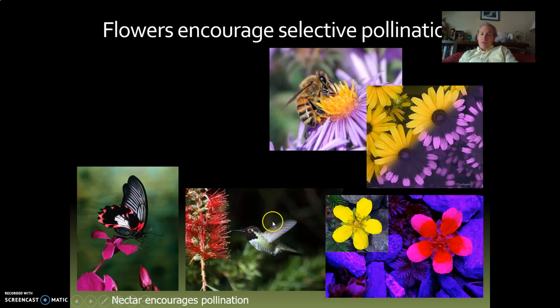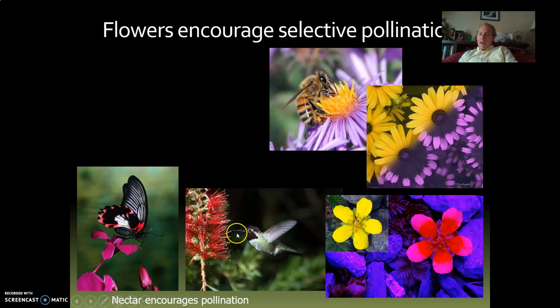These are what the flowers of butterflies often look like, lavender colors, pastel colors with a landing pad, and typically a very long carpel with nectar at the base, and they have a very long nose or proboscis that they can push down to get their nectar, and typically very fragrant, perfumey. A lot of the famous perfumes, vanilla, jasmine, come from butterfly and moth pollinated flowers.